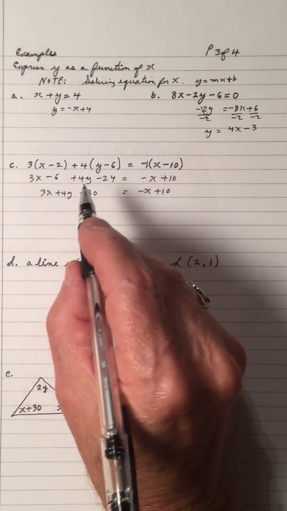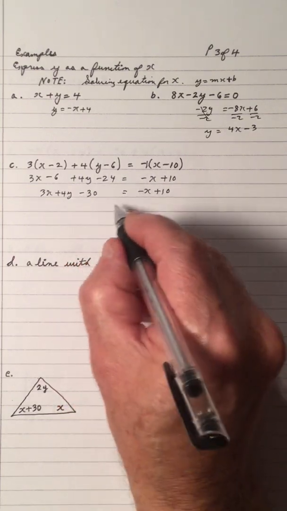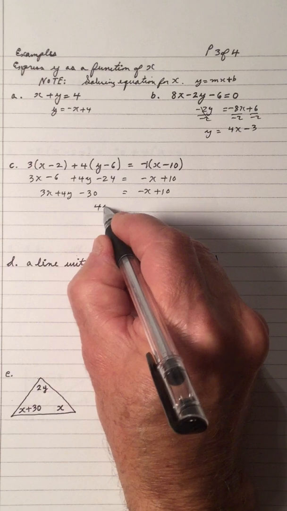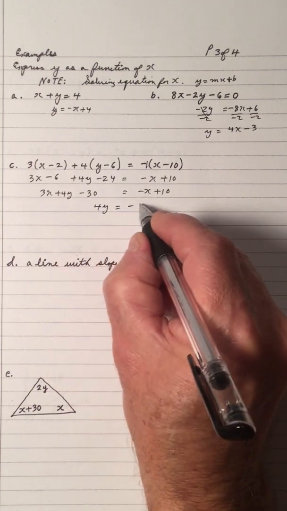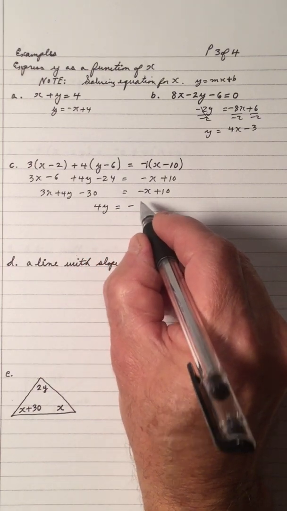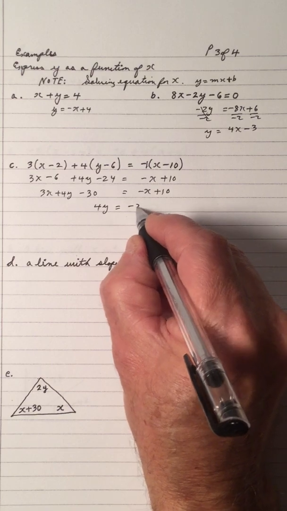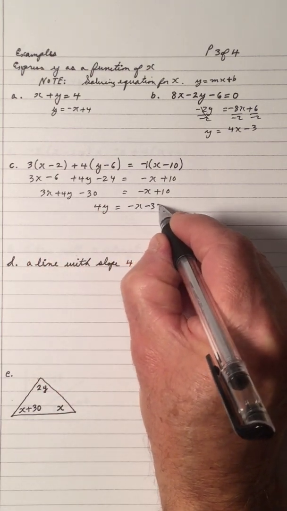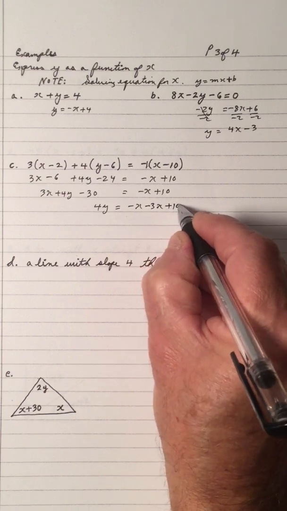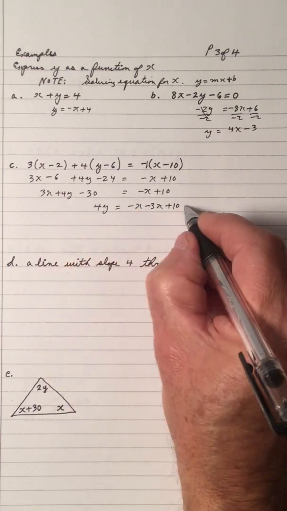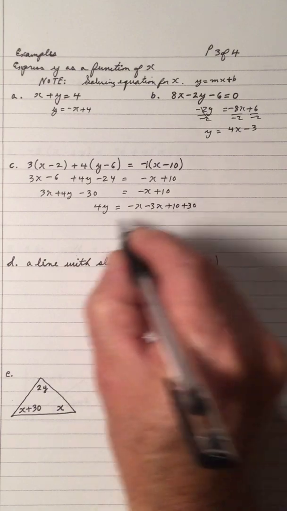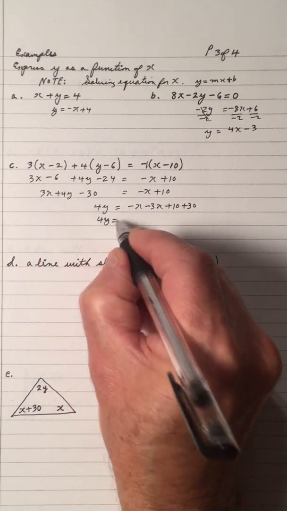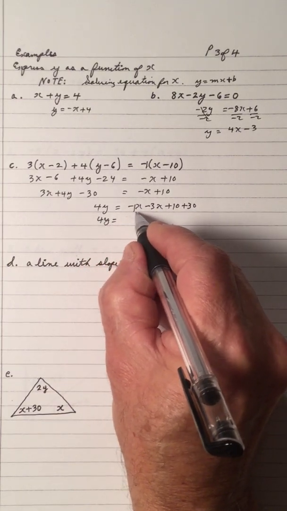Now, we're writing y as a function of x. We're solving for y, so y stays on the left, and all the other variables and constants move to the right. So negative x plus 3x becomes minus 3x. I have a plus 10, already stated, and the negative 30 moves over to become positive 30. So 4y, that's a negative 1.